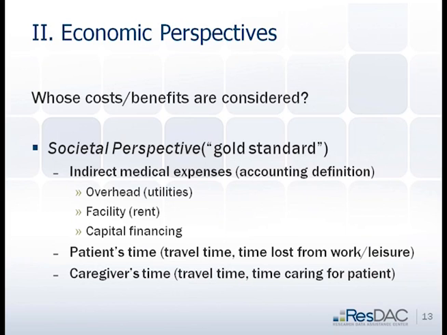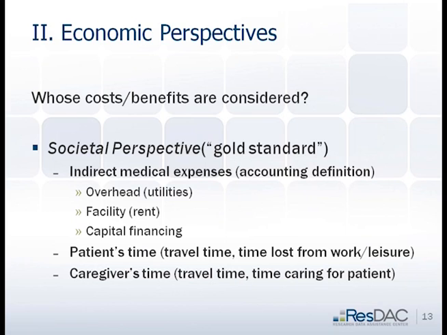So if you're looking at two types of interventions, one requires a lot of time on the patient's part in terms of coming back and checking in with providers. The other one, a lot less hands-on. Patient doesn't have to come in as often. That's a big difference from the patient's perspective.